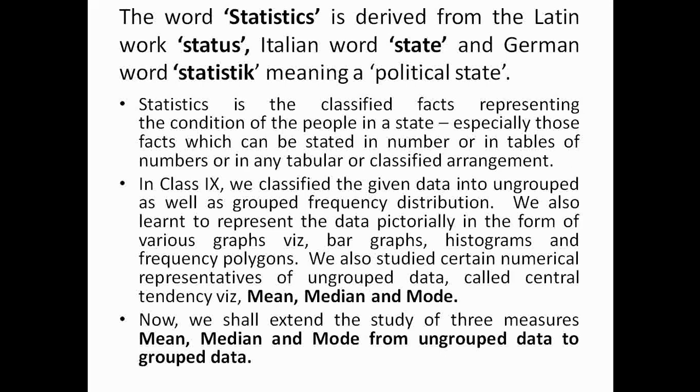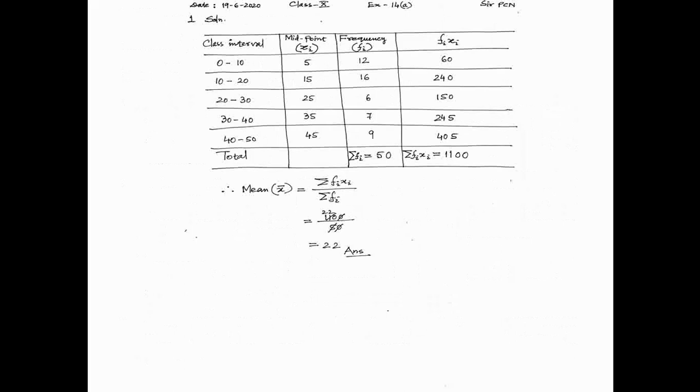So in class 9 you have done mean, median and mode of ungrouped data. Now in class 10 you will do mean, median and mode for grouped data. Let us proceed to the exercise. This is exercise 14A, question number 1.